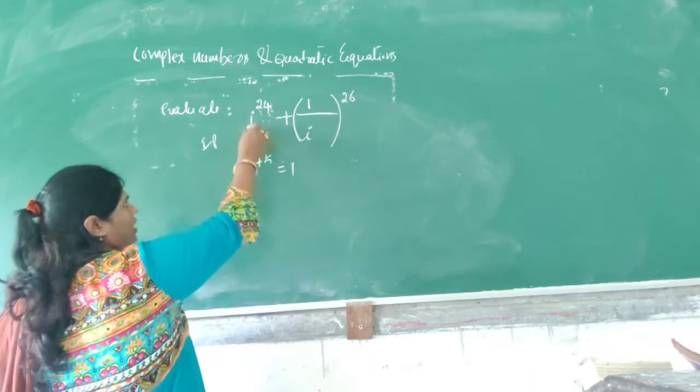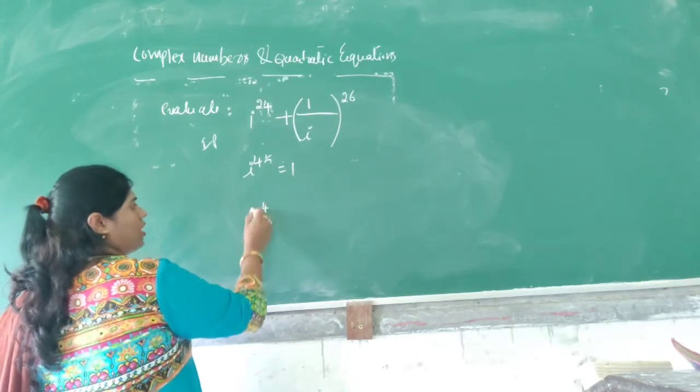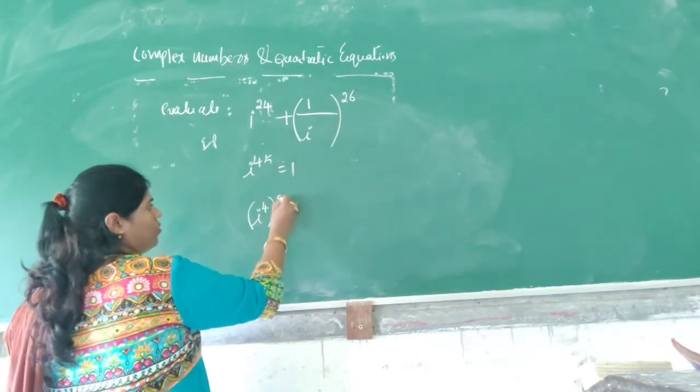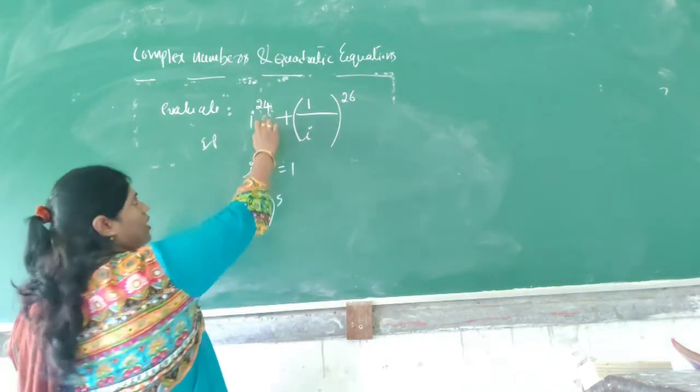We can change this one. i raised to 4, how many times will it go? 5 times, no? 4 fives are 20. And what will be the remaining?